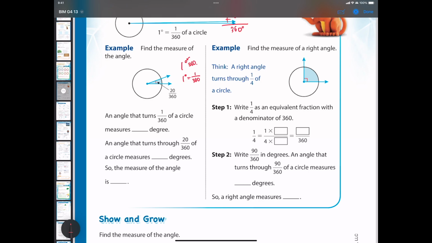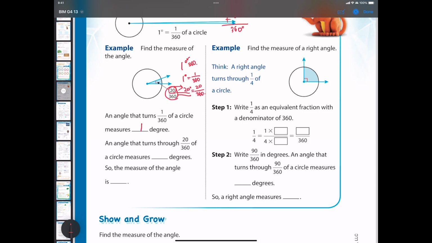Okay, and what about this? 20 degrees is equal to what? 20 pieces out of the circle, which is 360, and that's here. So you can just simply say, instead of in fraction form, you can convert that into what? Yes, degrees, angle form. An angle that turns 1 over 360 of a circle measures 1 degree.